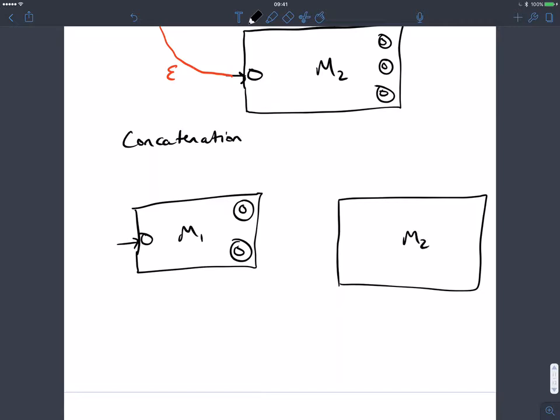And let's say M2's here. Let's say it has 3 final states like before. And here's its start state. Could I get an NFA using these two that recognizes the concatenation of the original 2 languages? Yeah, so do you guys have an idea of how to do that?